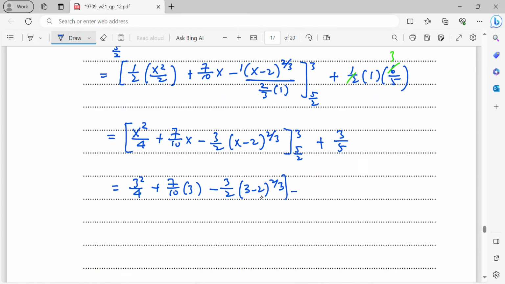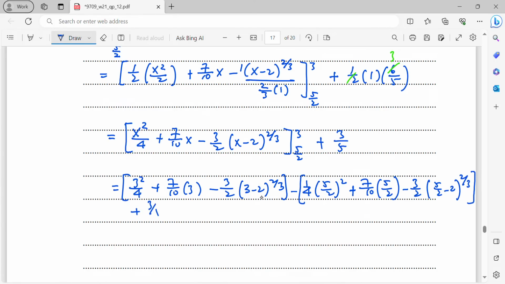Then minus, all these terms minus, when the x is 5 over 2. So here I'll get 1 over 4 times 5 over 2 squared. Then plus 7 over 10 times 5 over 2 minus 3 over 2 times 5 over 2 minus 2 to the power of 2 over 3. Okay, and lastly plus 3 over 5.